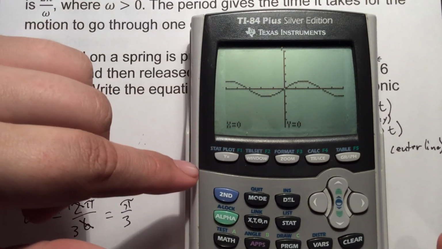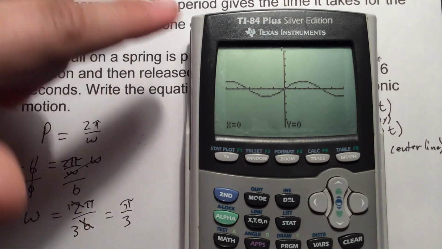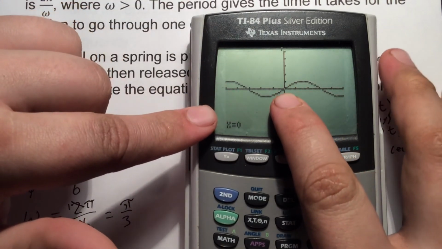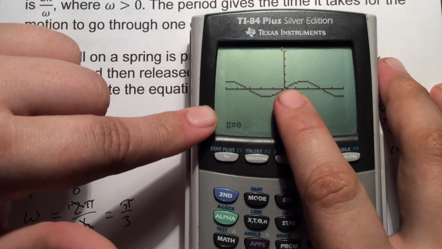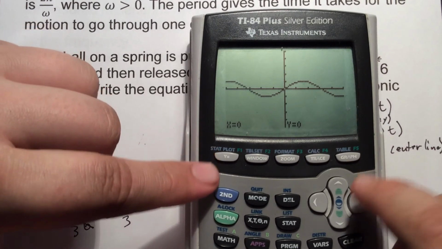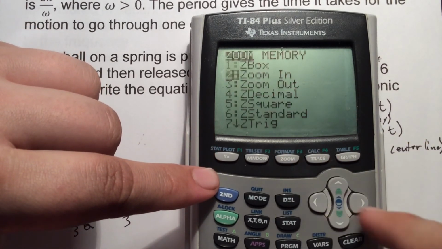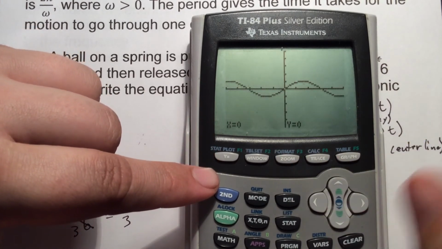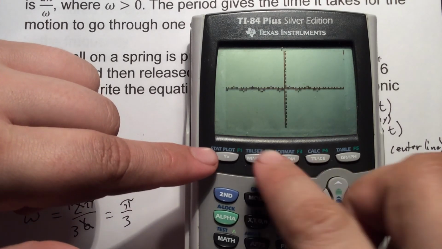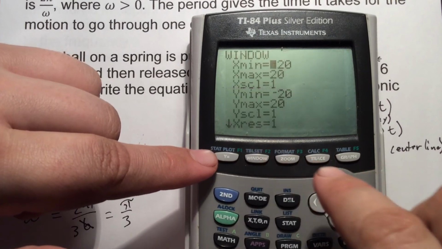So that's really what the sine wave is doing. It's going to bounce back and forth from -1 to 1. But if you notice where we start here at the origin, we're starting on our line. That's where we're crossing. So we go up, down, back, which would be 1 period. Let me check just the window.